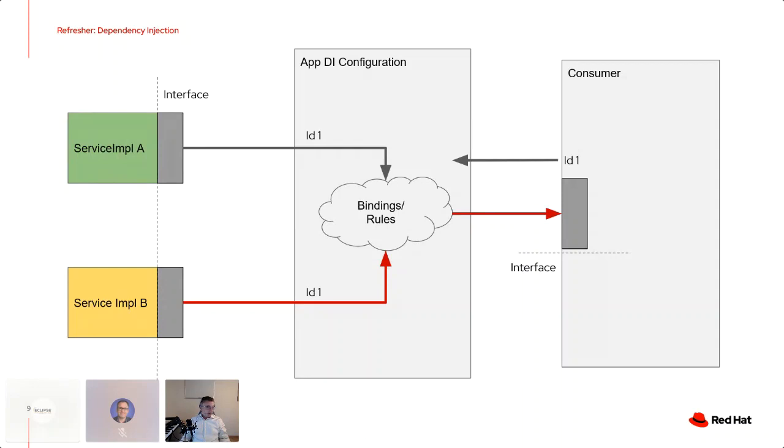So on the other hand, I have the application configuration, and there are a couple of rules in there. For example, if I have two implementations of a service, I need to describe those services to the dependency injection container so that it can make a decision at runtime which of service implementation A or service implementation B it should actually inject in the consumer.